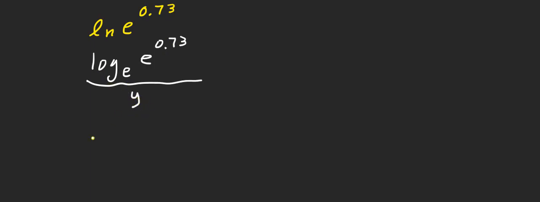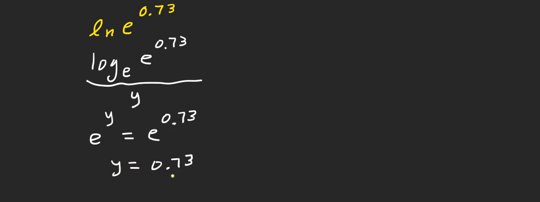So it's going to be e to the y is equal to whatever is inside here, e to the 0.73. In order for this to be equal to each other, y has to equal 0.73. This is a long way of doing it. Just think about it. Natural log and e cancels out. So you just end up getting 0.73. So shortcut is much easier.